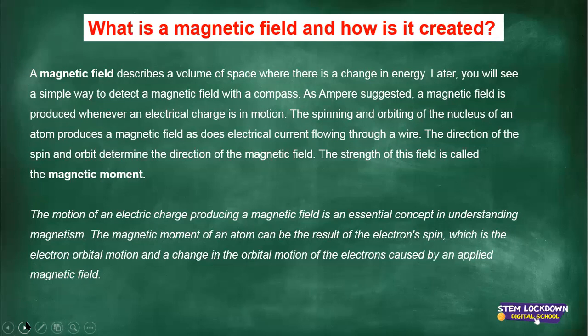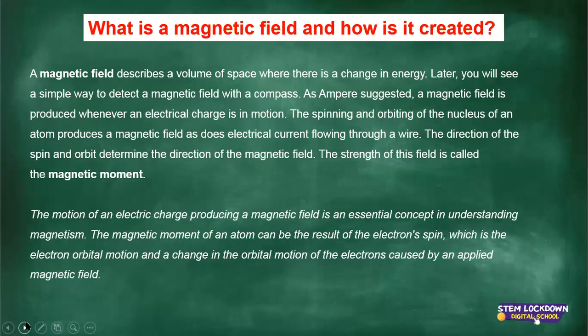It's very important that you understand that they both move in harmony to create the magnetic field. And the direction in which it moves basically tells you the direction of the magnetic field.